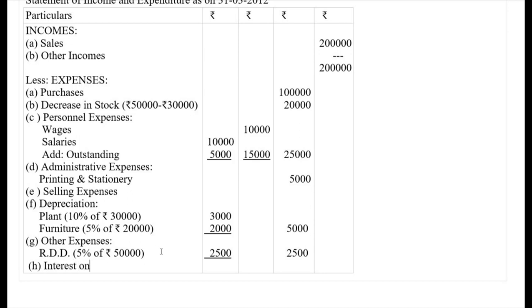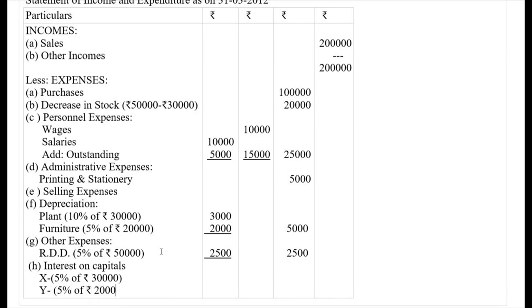Interest. Here, in this problem, it is interest on capitals. So X, the rate of interest given in the problem is 5%. So 5% of rupees, the capital balance of X is rupees 30,000. Then similarly Y, 5% of the capital balance of Y, given as rupees 20,000 here.